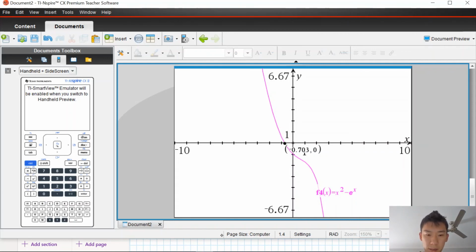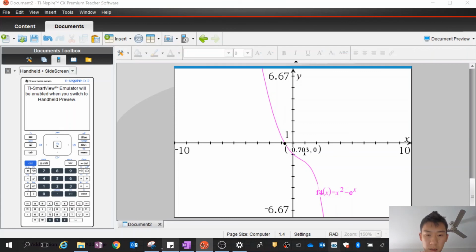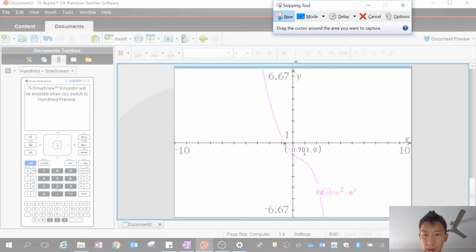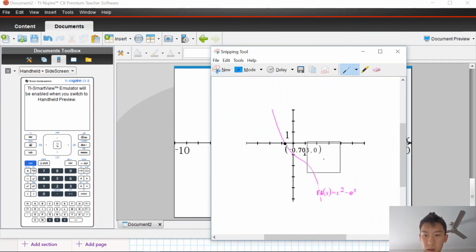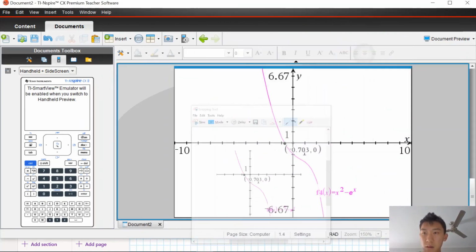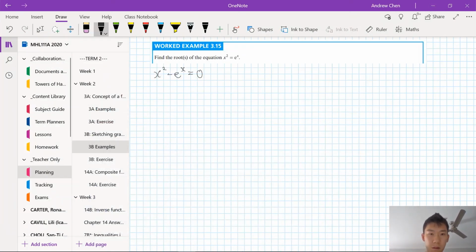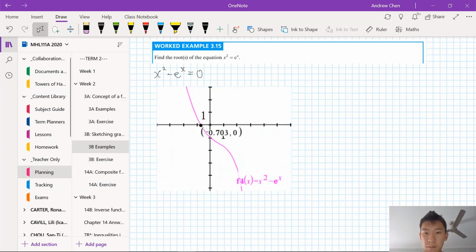Let's clip that. And there's our 0. Alright, and just write out the coordinate.